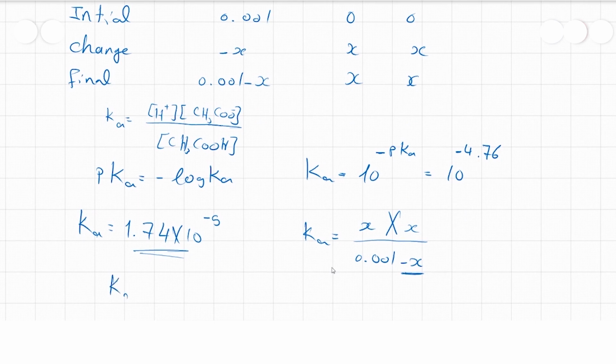This means Ka would be equal to x squared divided by 0.001. I have the Ka value, which is equal to 1.74 multiplied by 10 to the power minus 5, multiplied by 0.001. This will be equal to x squared.